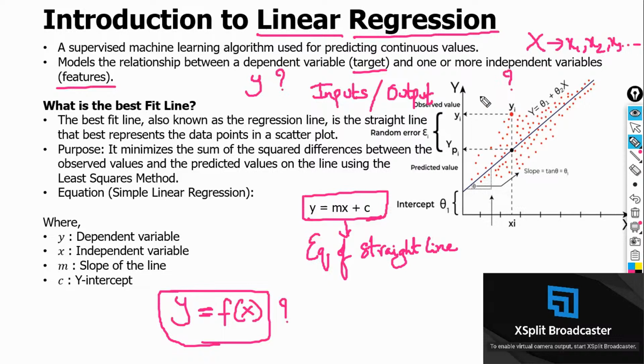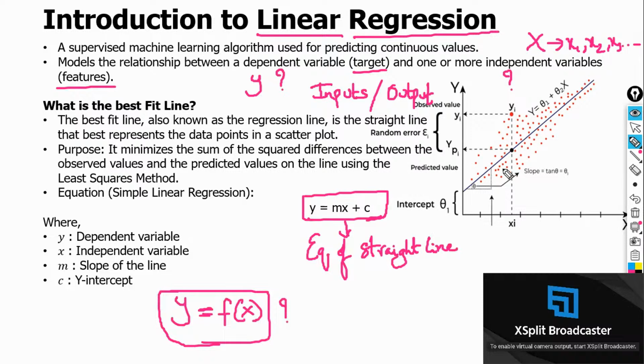If you observe the image, on the horizontal axis I am taking x, and on the vertical axis I am taking y. I'm plotting the values between x and y, so all the scatter represents the data points.